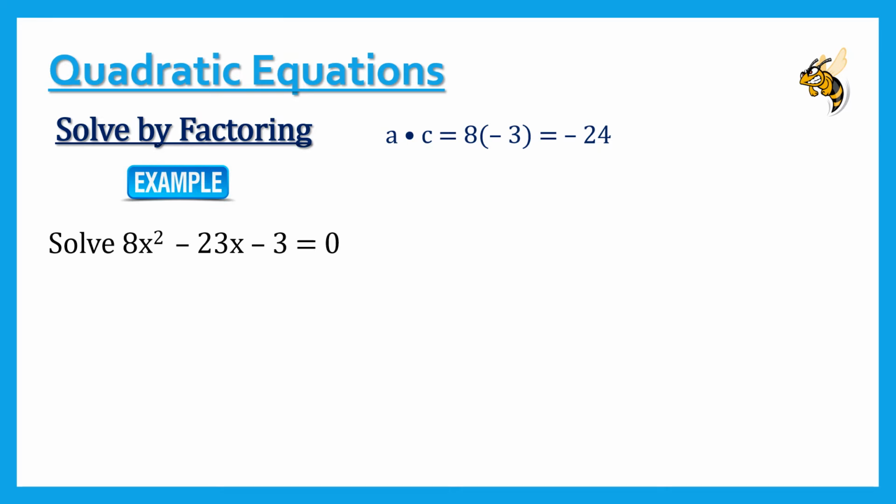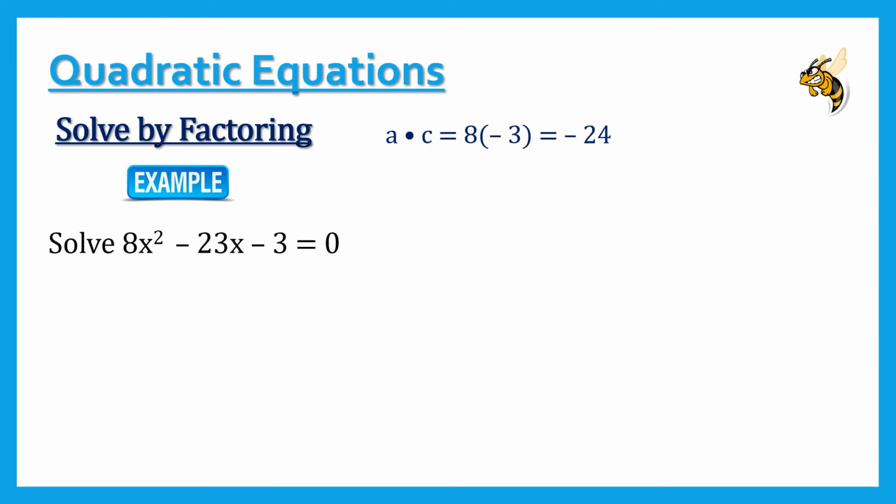So we want to know two numbers that multiply to give you 24, but when you subtract them, is equal to 23. Those two numbers are 24 and 1. Once again, a times c is negative in this situation, so therefore one has to be positive and one has to be negative.